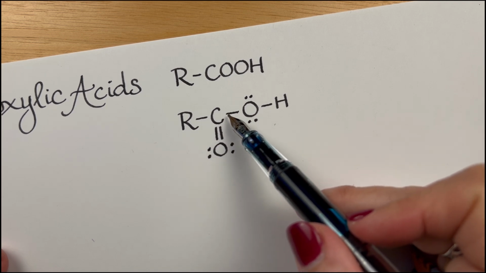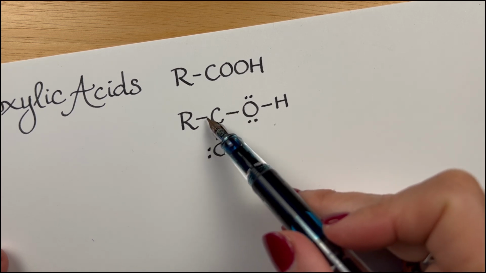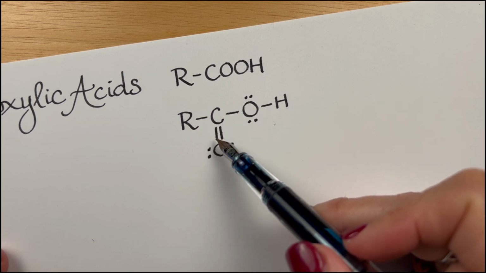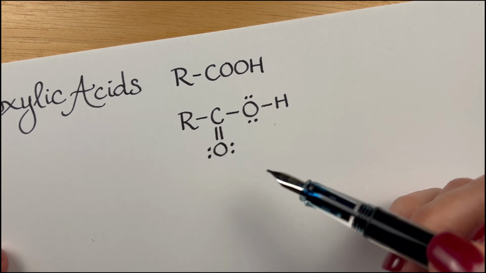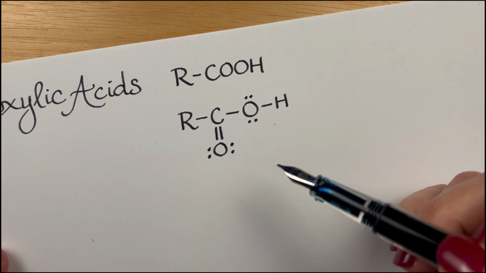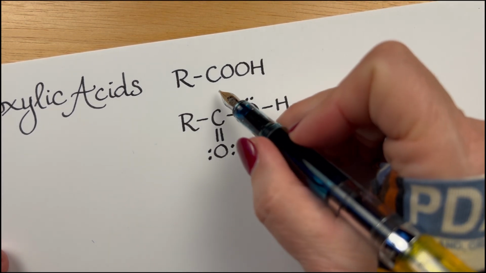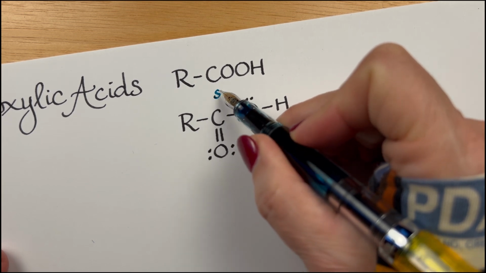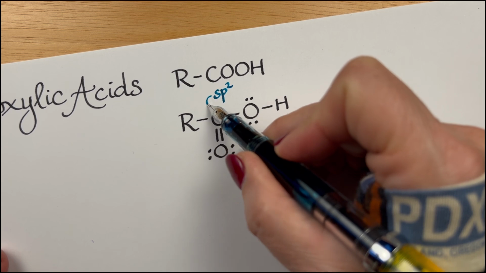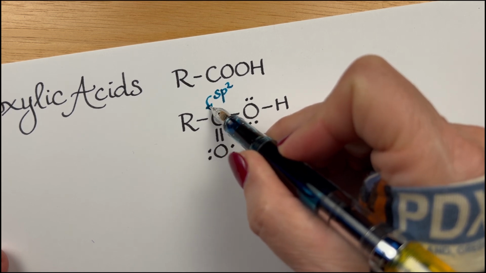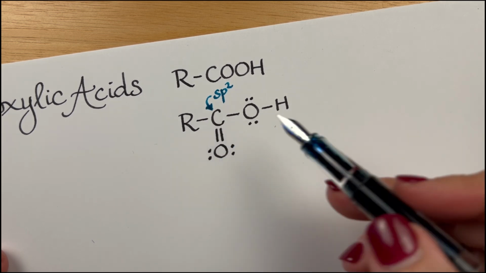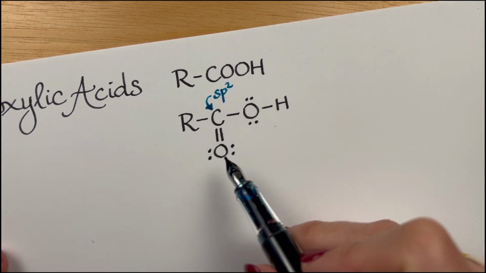So these are sigma, sigma, sigma, and then the other one is a pi bond. So here we have a sigma and a pi bond. And when that's the case, that means that you have an sp2 hybridized element. Okay, so this carbon is sp2 hybridized.